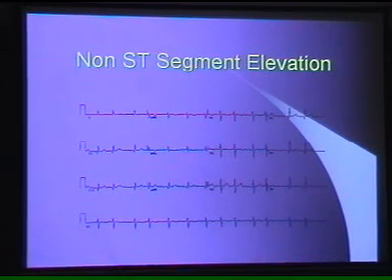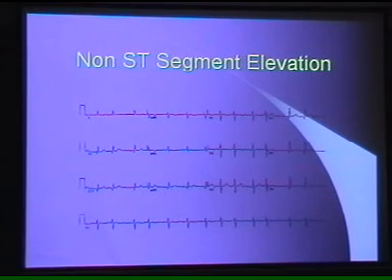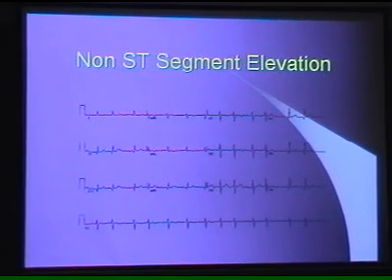Now, in addition to the ST segment elevation myocardial infarction, where eventually Q waves will appear, we find that the type of myocardial infarction which does not produce ST segment elevation is an entirely distinct entity.